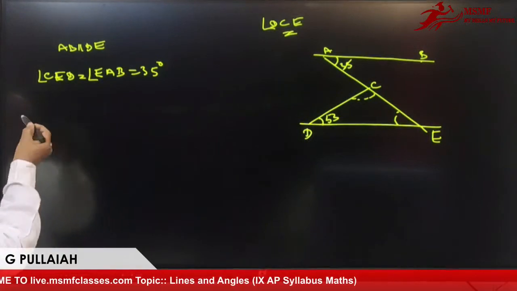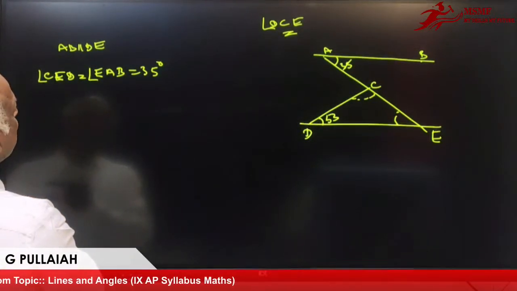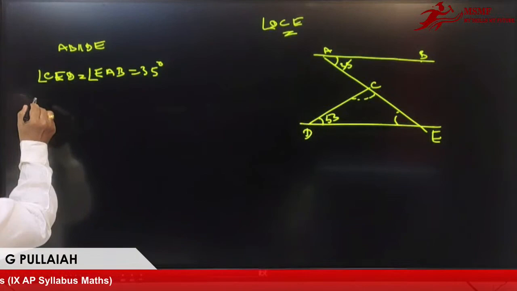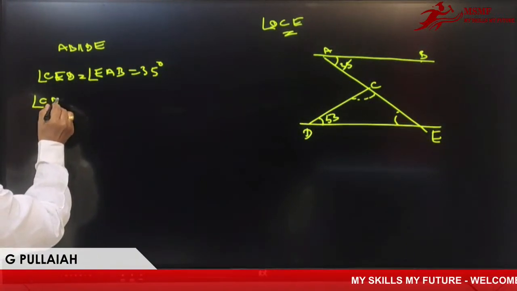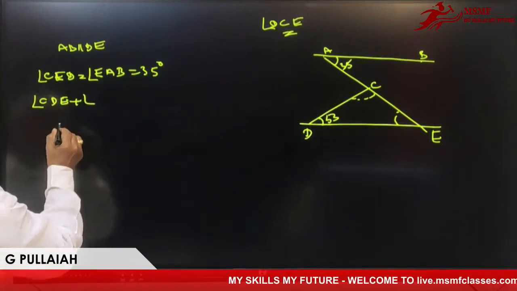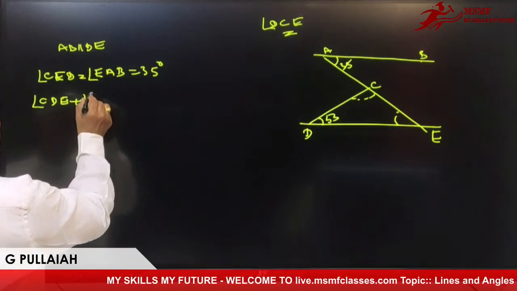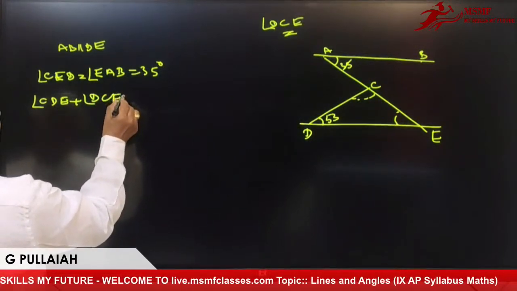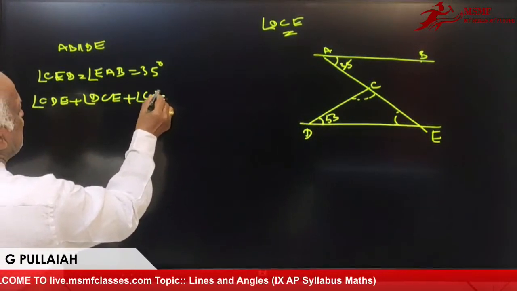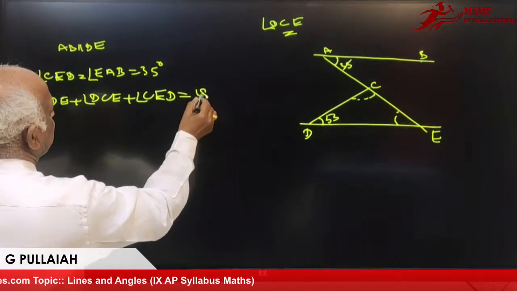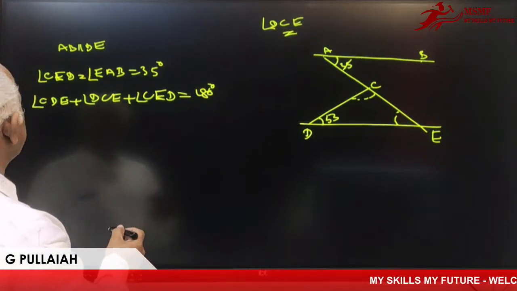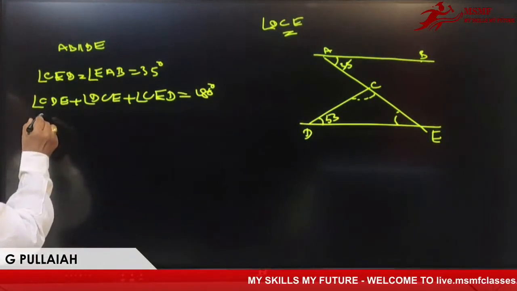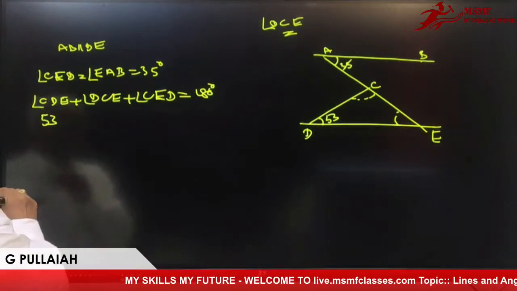So now here, angle CDE plus angle DCE plus angle CED, sum of the angles in a triangle concept. Angle CDE is 53 degrees.